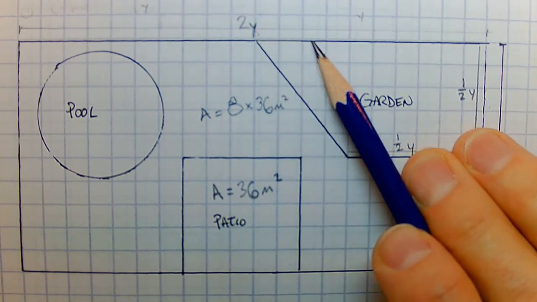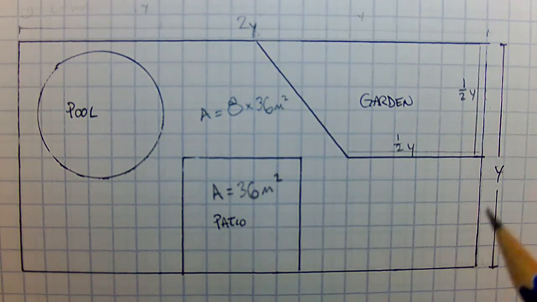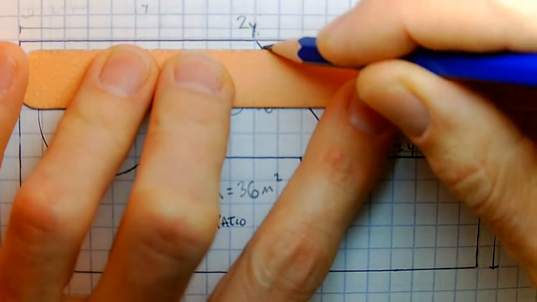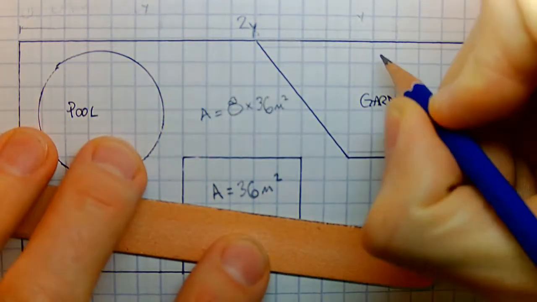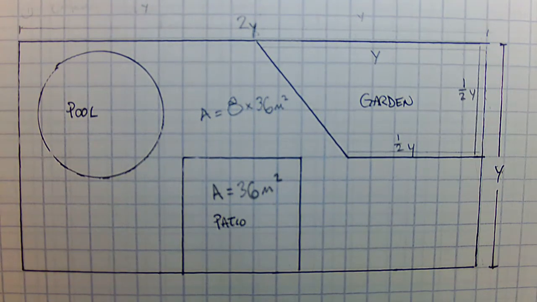So the dimension up here is half of 2Y, which we can write as Y, because half of 2 is 1. So this dimension is Y. Now the question says, what is the area of the garden?